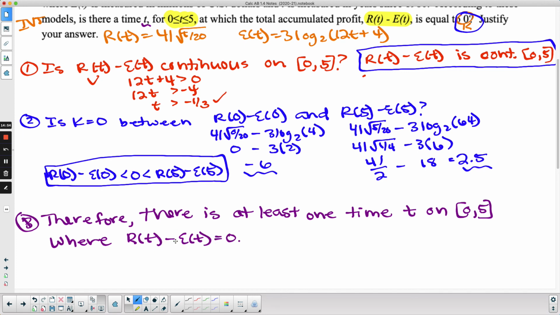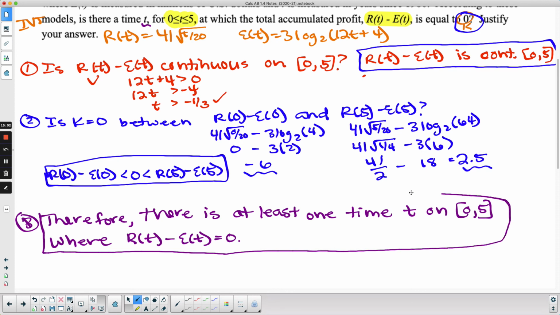Or if your total accumulated profit is 0, you've broken even. So those three parts together make up your answer.